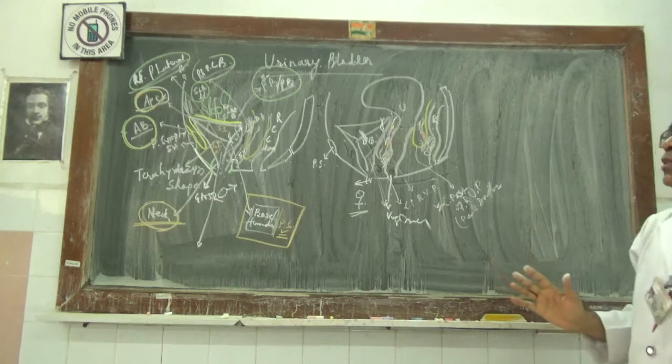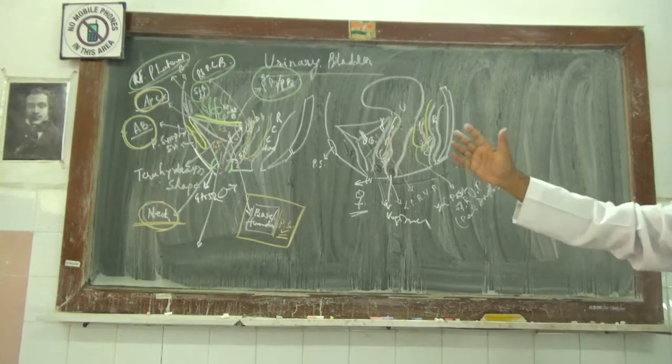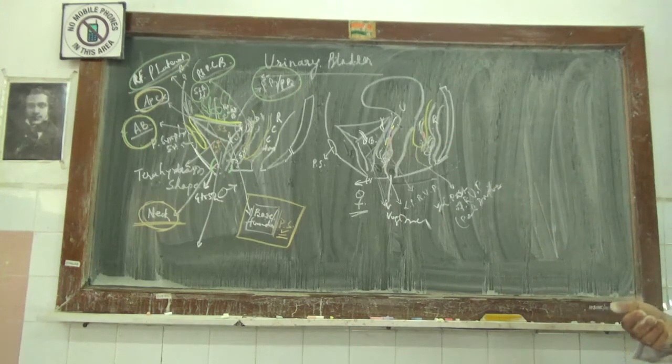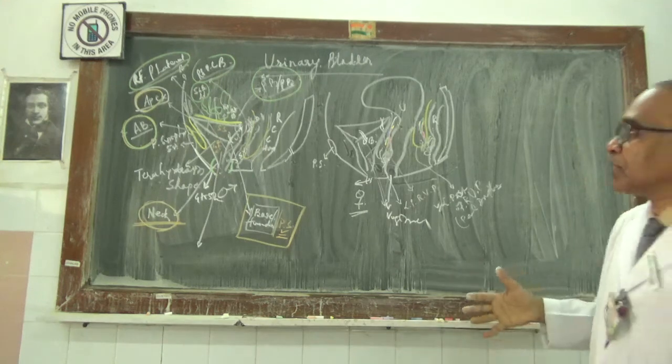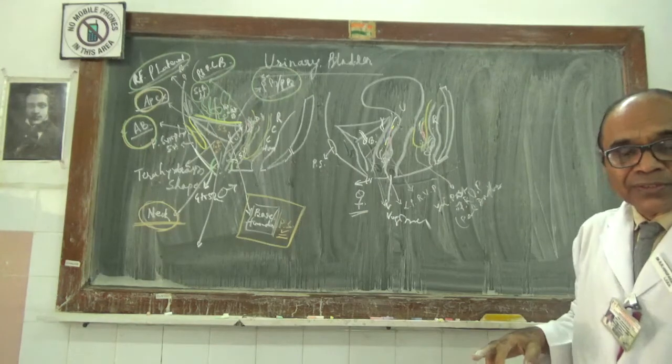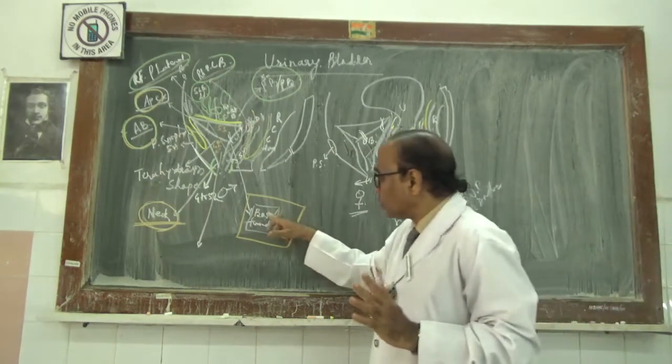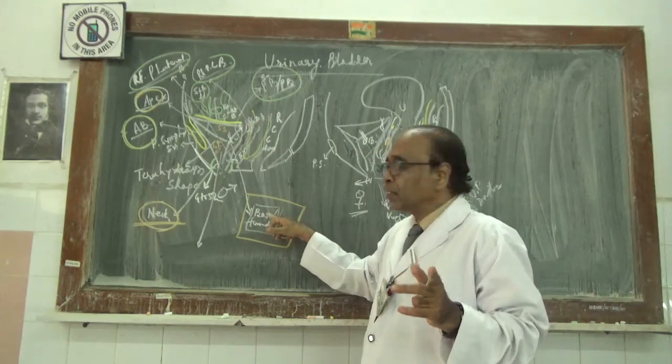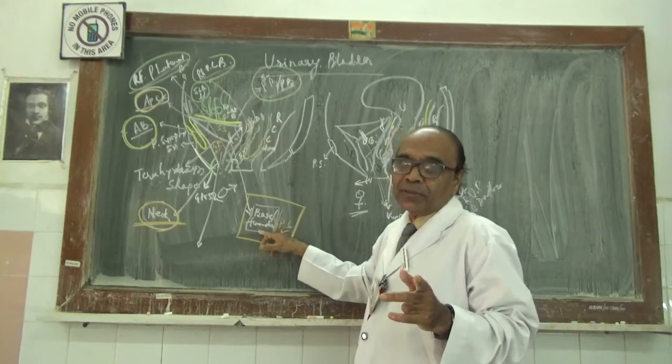So these are all the things that you will be having, and also you have got the surfaces: two inferolateral surfaces and one superior surface, provided you have taken the urinary bladder's base or the fundus.